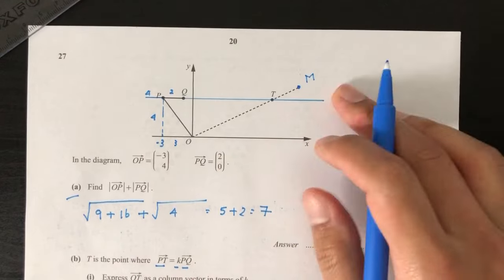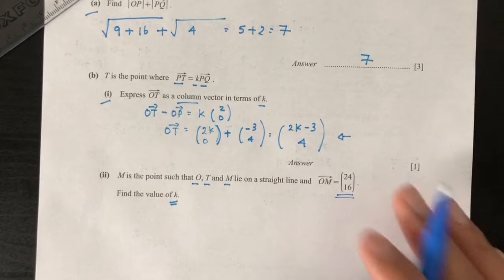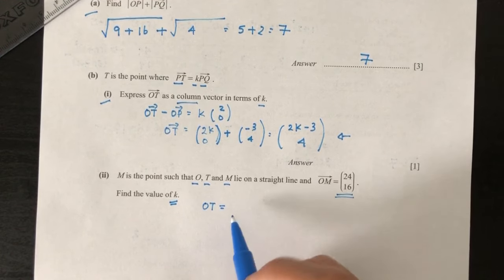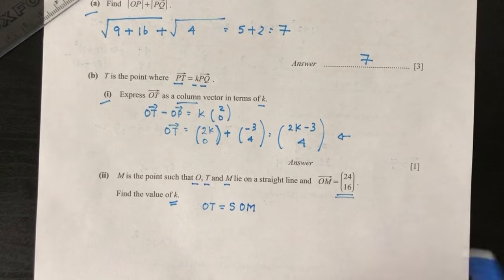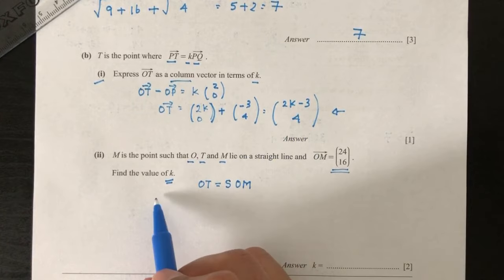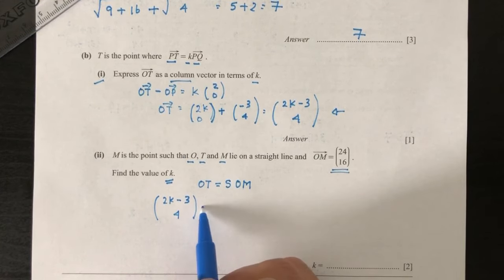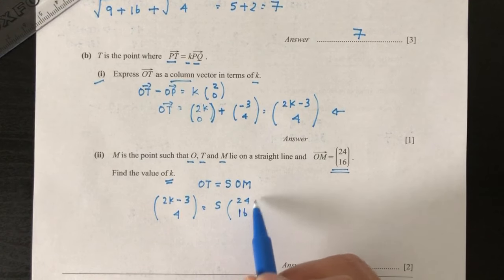Since they lie on the same line, we can form the same kind of equation that we have here. So basically we can write down OT is a multiple, let's take any constant S, of OM. That will be a valid equation that we can form. So OT is given to you by this, which is 2K minus 3 over 4, is equal to S times OM, which is 24, 16.